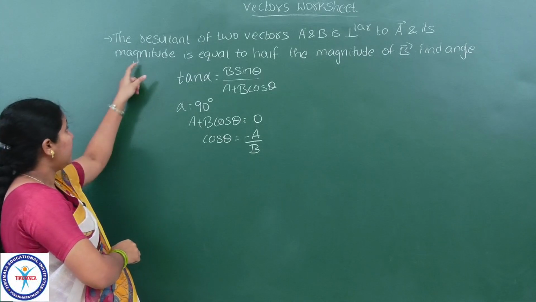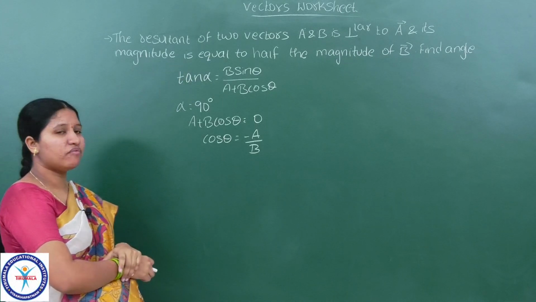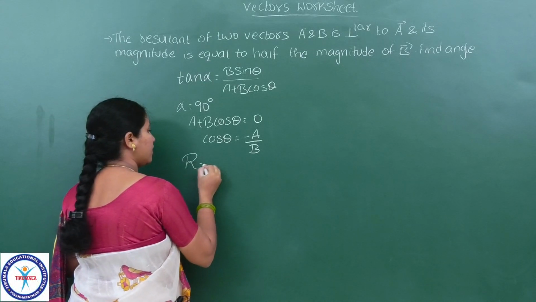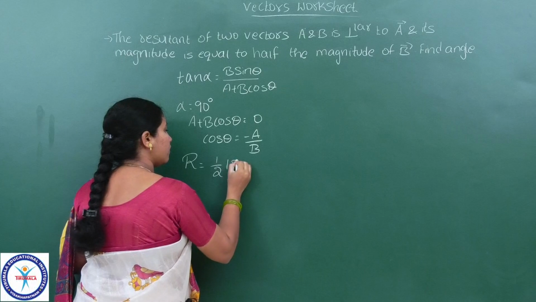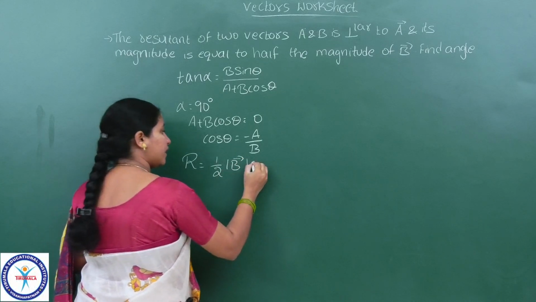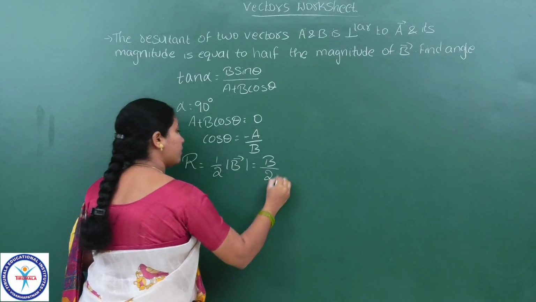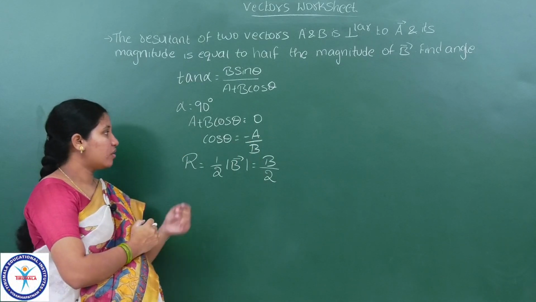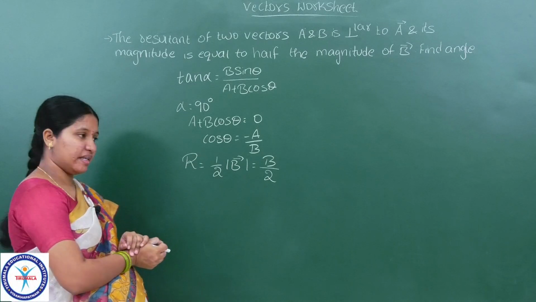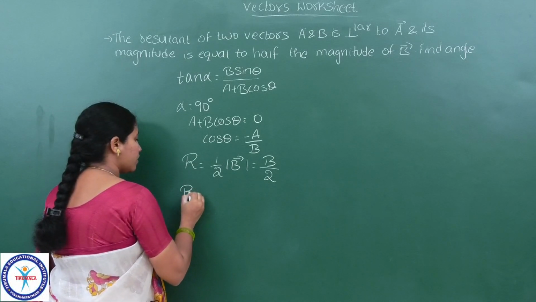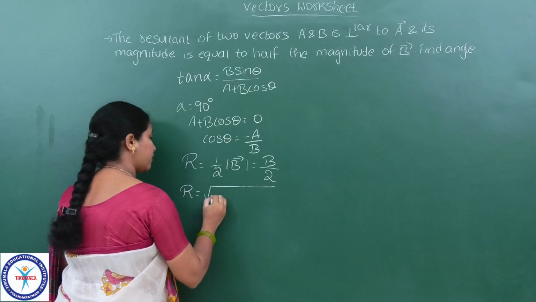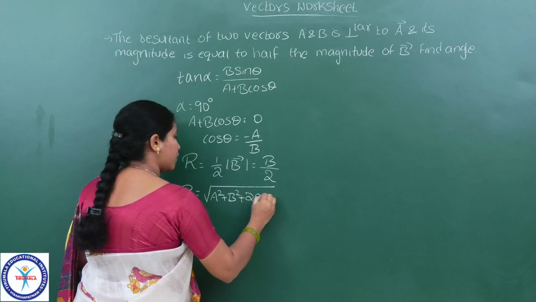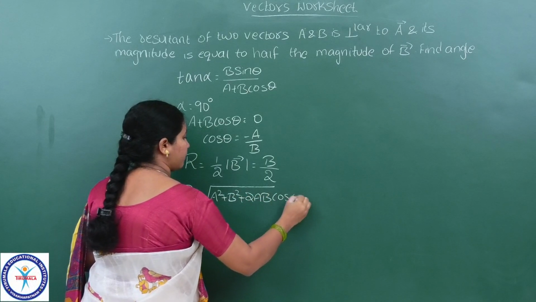And given that its magnitude is equal to half the magnitude of B bar, means the resultant R is equal to half the magnitude of B bar vector. So we can write this as R is equal to B by 2. Now substitute the values of cos theta and resultant in the resultant formula. So R is equal to square root of A square plus B square plus 2AB cos theta.